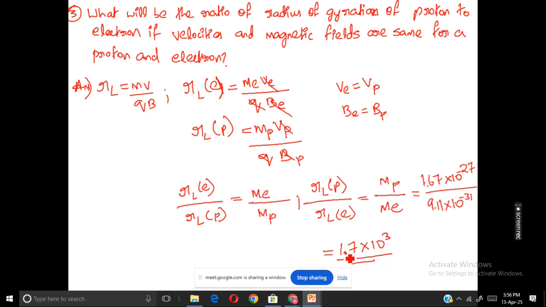This will be the ratio of the radius of gyration of proton to the radius of gyration of an electron. Or we can say the radius of gyration of proton is 1.7 into 10 raised to 3 times the radius of gyration of an electron. Because if we are applying the same magnetic field and the velocity of proton and electron are the same, this will be the case.